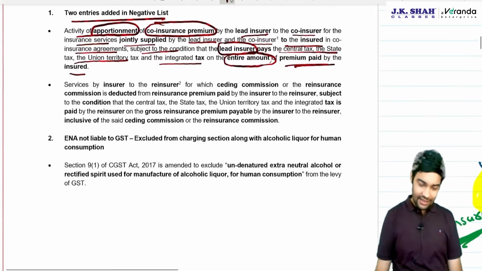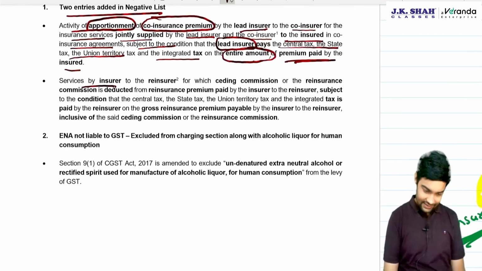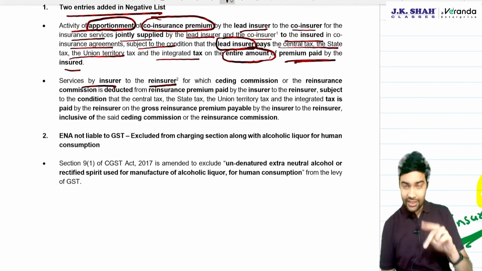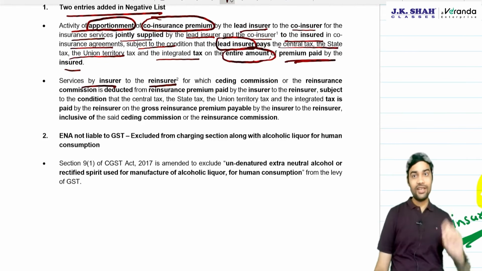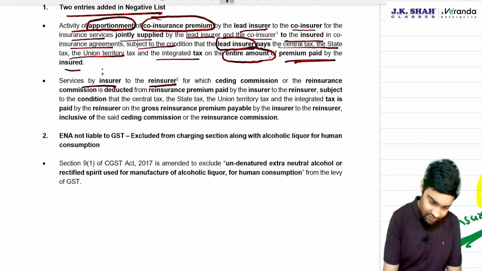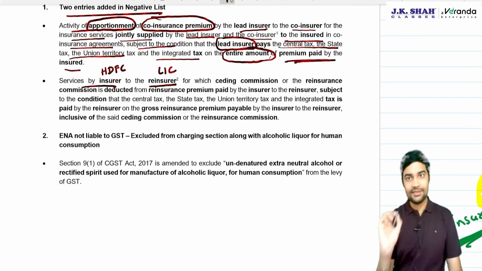Okay, then see the second entry, service by insurer to reinsurer. Insurer in our example was HDFC Life. Reinsurer was LIC. Correct?